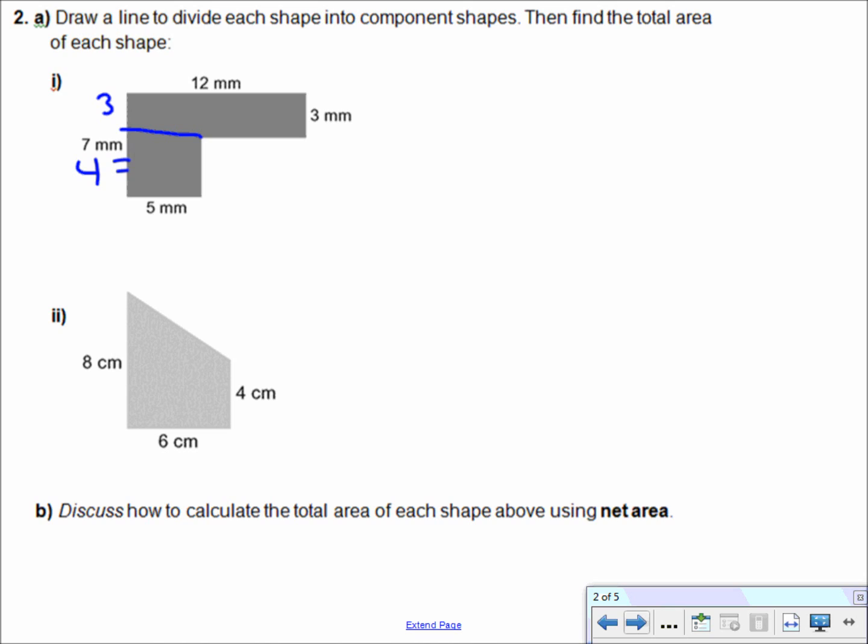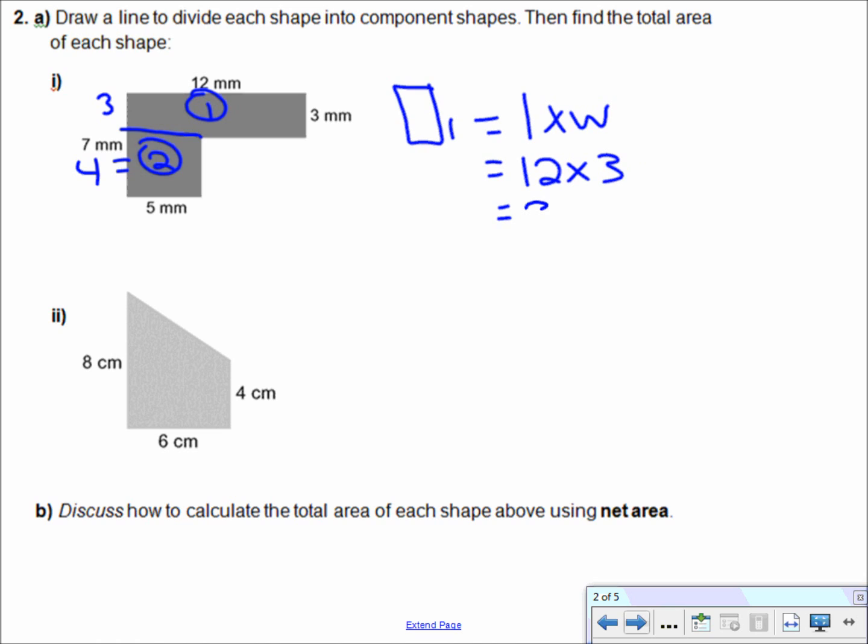What I like to do, just to make things look easy, is label this one and this too. And I'm actually going to do rectangle 1 equals length times width, which is 12 times 3, which is 36 millimeters.